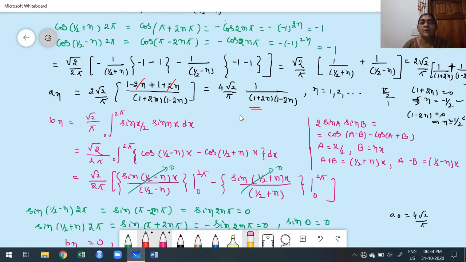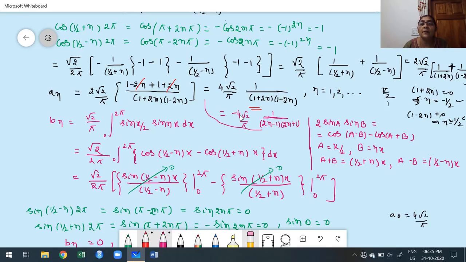This can also be written as minus 4 root 2 divided by pi, divided by 2n minus 1 into 2n plus 1, or if you want, 2n minus 1 first and 2n plus 1 second.